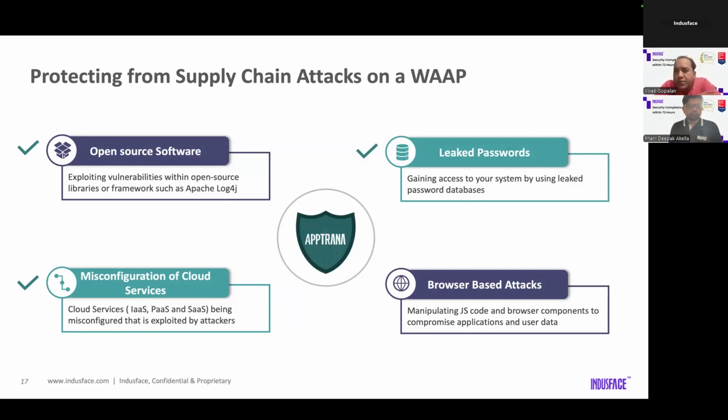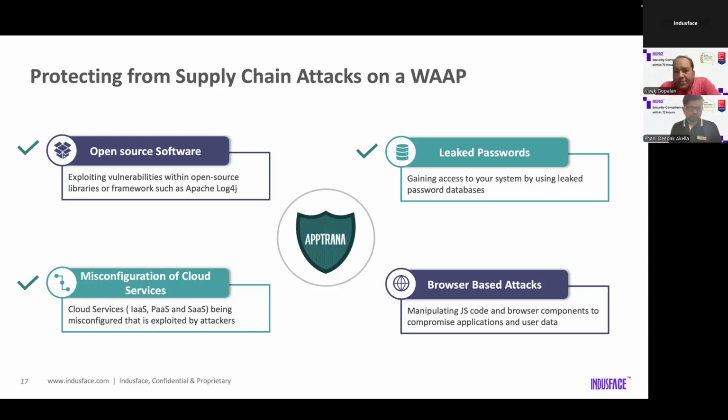When Log4j was introduced, within a couple of days we were able to publish the policies to protect against it. So any application behind us was protected. Even though the vulnerability was there in the application, we had virtual patching at the WAF layer, ensuring that all the sites behind us, thousands of sites, were protected from the Log4j attack.